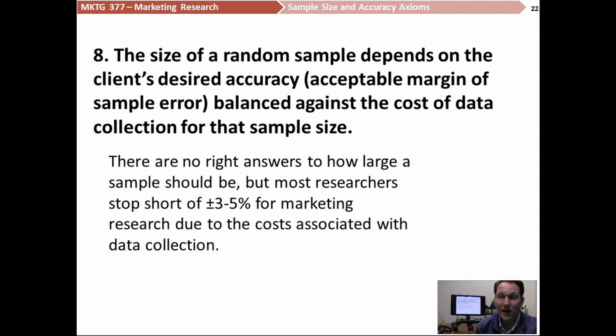One other point that I want to make, I believe it was made somewhere on one of these slides, but I just want to make sure that I state it explicitly, is that in a randomly derived sample, a small sample and a large sample are equally representative of the population, but they're going to have different levels of error.